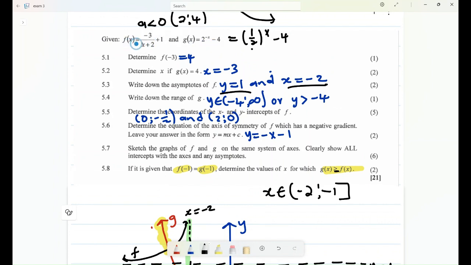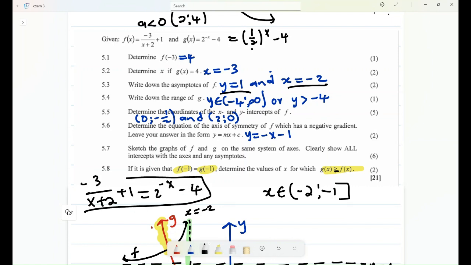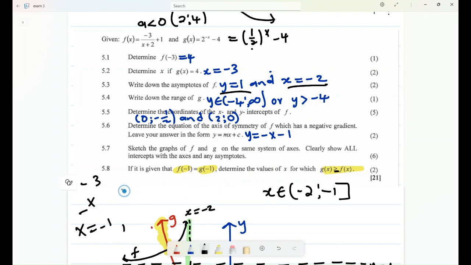After equating, you'll have something like this: -3 divided by x plus 2, plus 1, is equal to 2 to the power of -x, minus 4. Then you will solve for x. The first x that you will get is -1, and the second one will be whatever value it is. But I don't think at that point it is important.